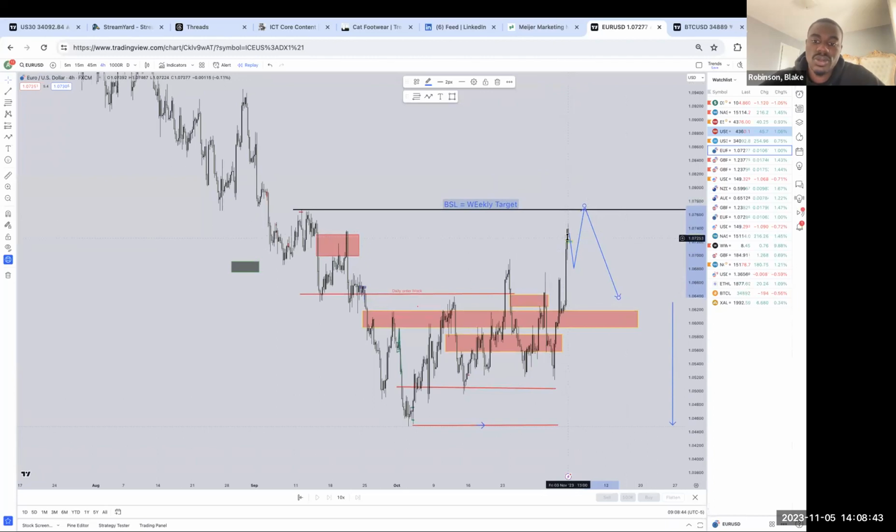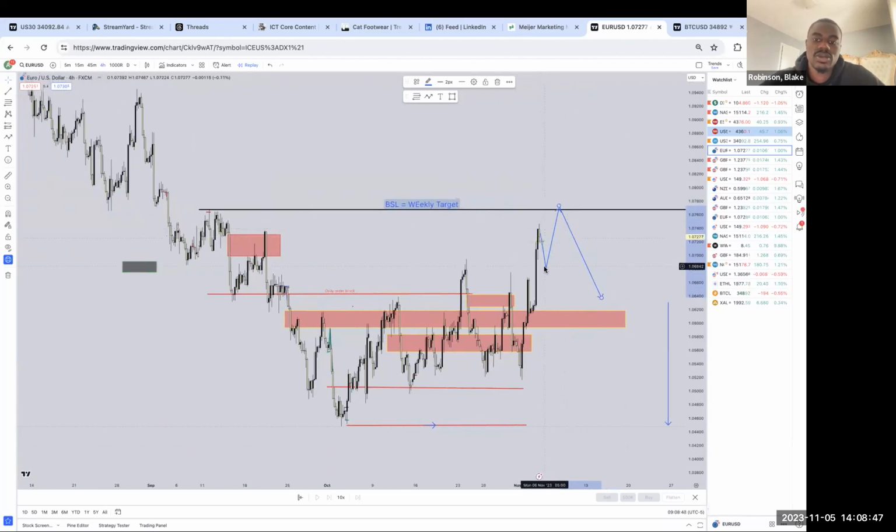If we just completely roll over, again, this is the idea of accumulation, manipulation, distribution, right? Accumulating, manipulating, distribution, which is inside of a bigger fair value gap where we think price is going to fall over.